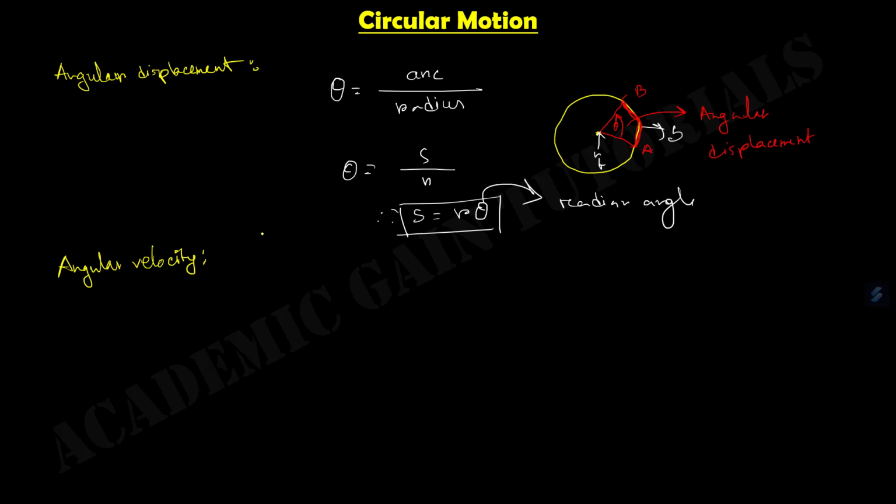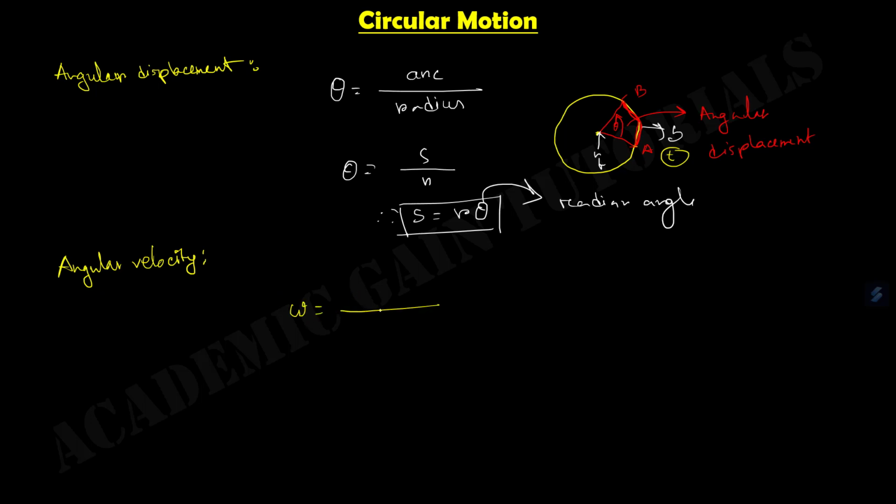The angular displacement of a rotating body about a center or axis divided by the time taken for that displacement is called average angular velocity. So when it goes from point A to point B, suppose it takes time t. By the definition of angular velocity, we represent angular velocity as omega.